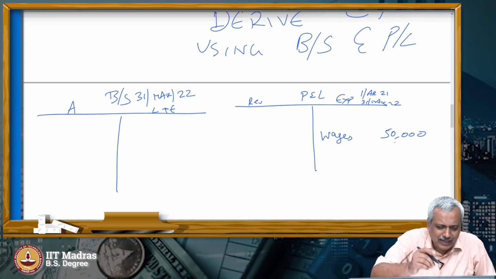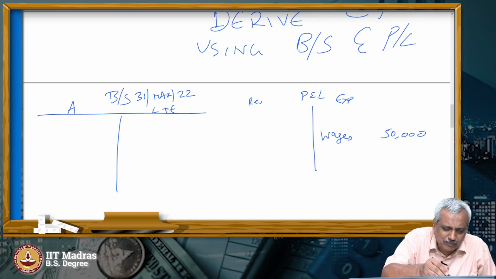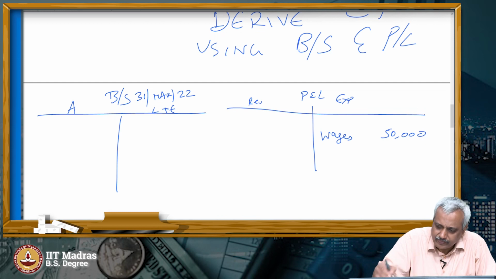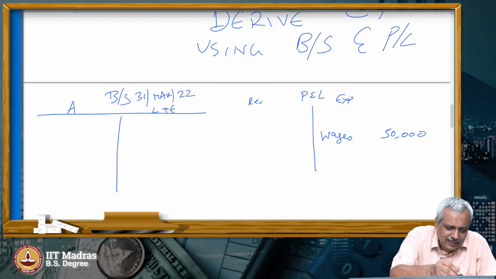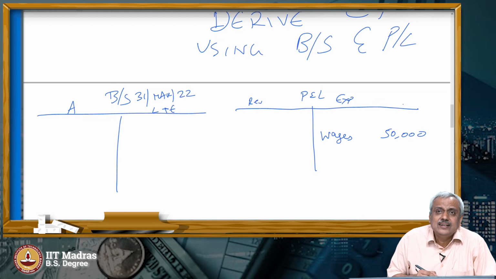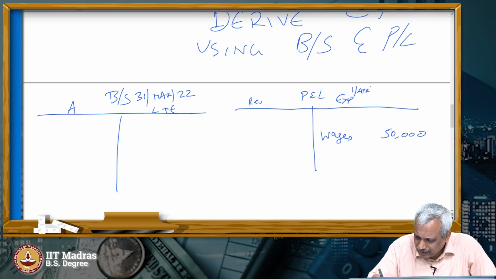If you want, I will write the period a little more legibly in this particular case. P&L statement and revenue and expenditure for the period 1st April 2021 to 31st of March 2022.